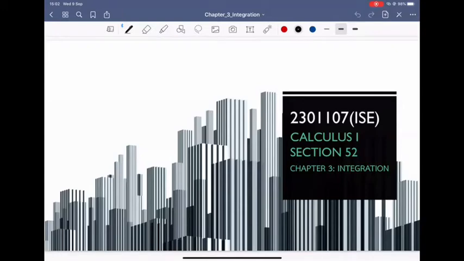For today, we are going to start chapter 3, integration. So let's talk about the concept of antiderivative and indefinite integral first for today. And then next Monday, we are going to start talking about the definite integrals and how it relates to computing the area.